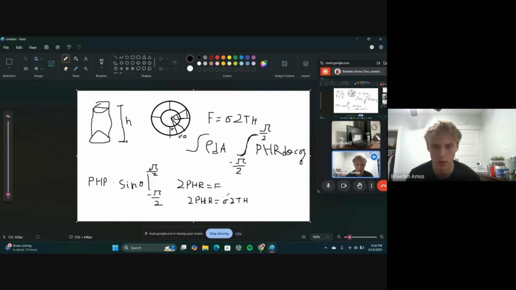So these will cancel out. So then we'll get T equals 2 pressure times radius all over tensile strength times 2. And that is how you do that.